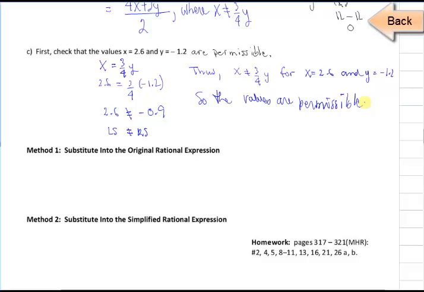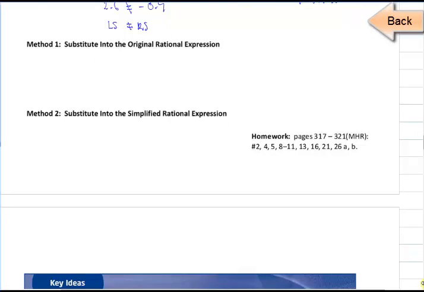Okay? Alright, so we're going to take a look at two methods by which we can evaluate the expression. Okay? The first one is to substitute into the original rational expression, and the second one is to substitute into the simplified rational expression. Now, because they are equivalent, they should give you the same answer. Okay? So here is your expression not simplified.